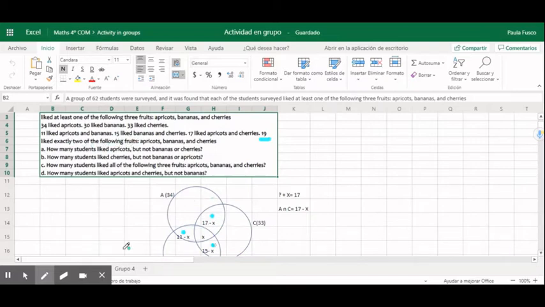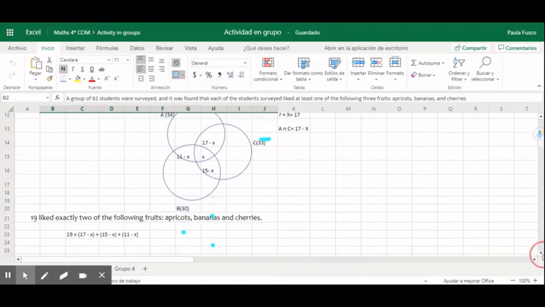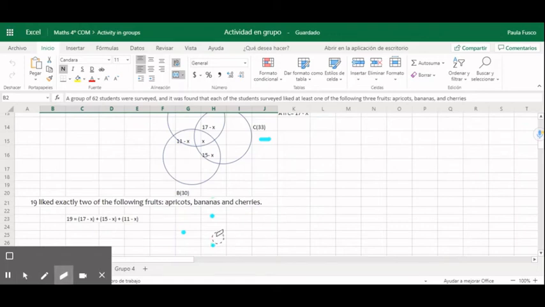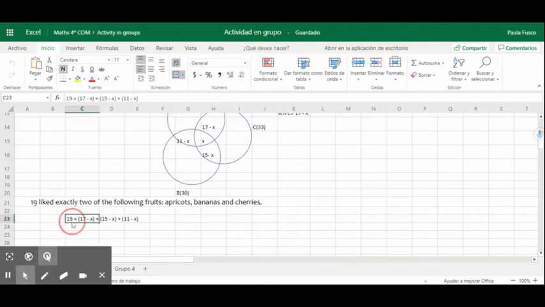So what we are going to write is this equation. Sorry about that. I will erase it. So we are going to write that 19 equals the addition of these 3 areas. Okay, so we have 17 minus x plus 15 minus x plus 11 minus x.